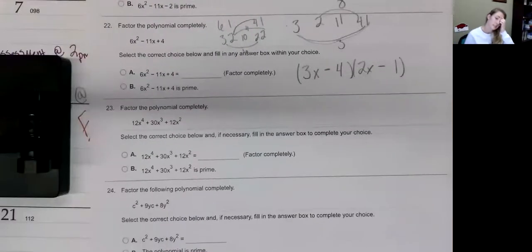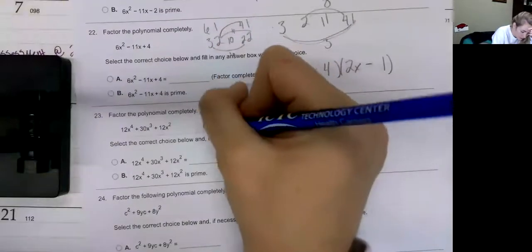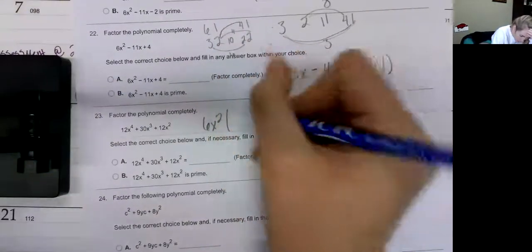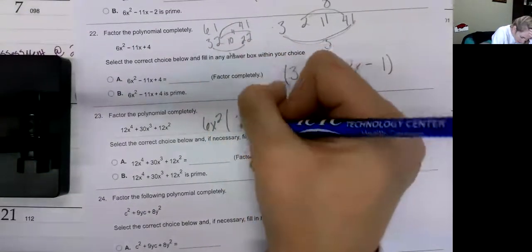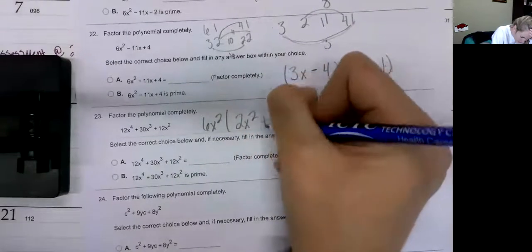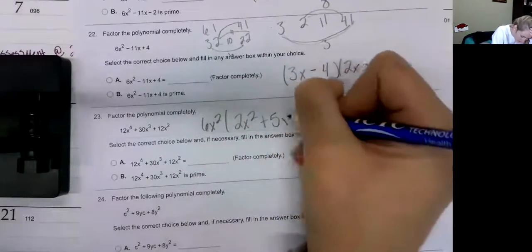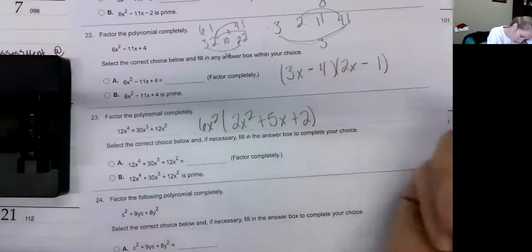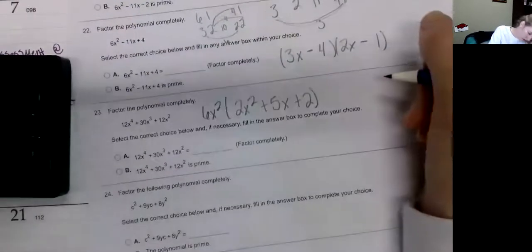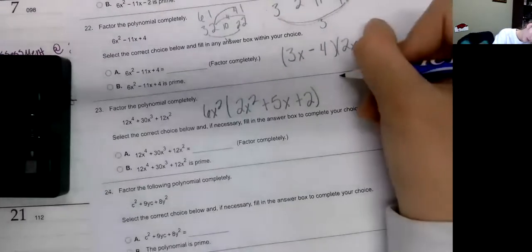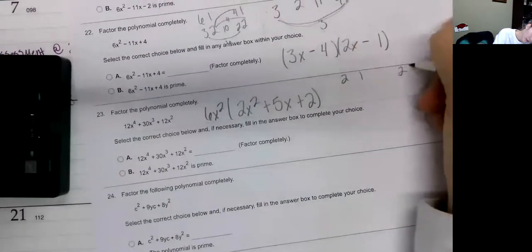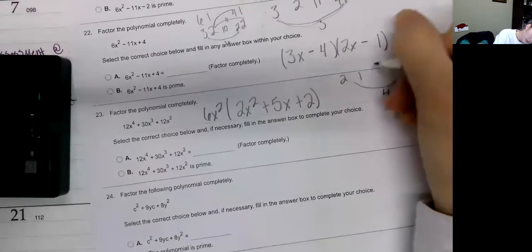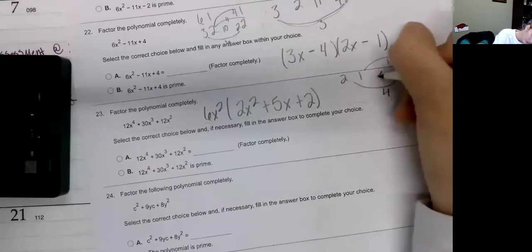Oh, let's see. 6x squared can be factored out. So I'd have 6 times 2 is 12, 6 times 5 is 30. And 2 again. Okay, factors of 2 that add to get 5. So 2 and 1, and 2 times 2 is 4, 4 plus 1 is 5.